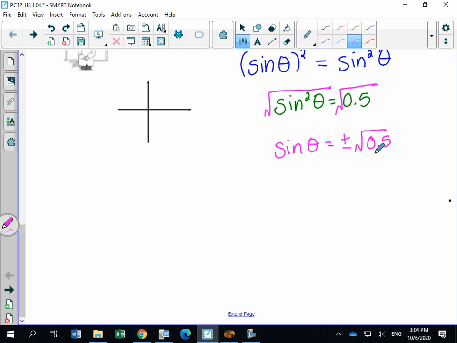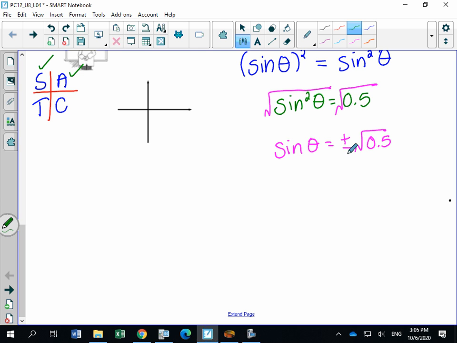Okay, based on that, we are going to draw our CAST rule, right? So let's draw our Cartesian plane, and let's apply our CAST rule. Then you need to check off the quadrants where, let's first check off, where is sine positive? Sine is positive in 1 and 2.